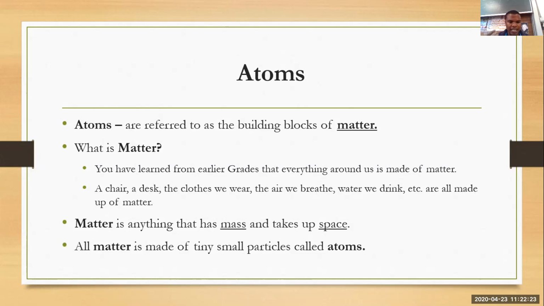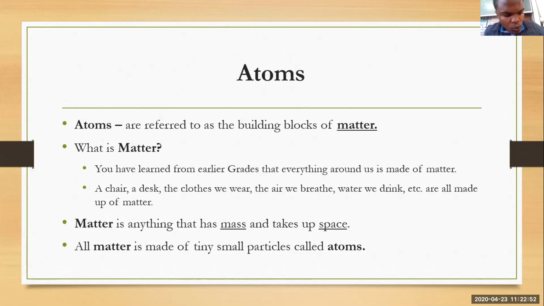All types of matter around us is made up of smallest particles, and those smallest particles that make up matter are called atoms. So all matter is made up of tiny, small particles called atoms. Now let's go back to the first bullet. The first bullet says atoms are referred to as the building blocks of matter.